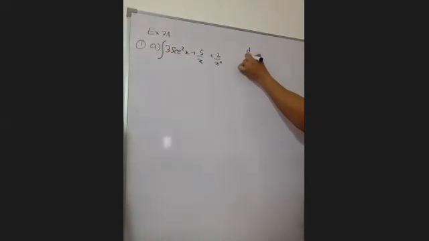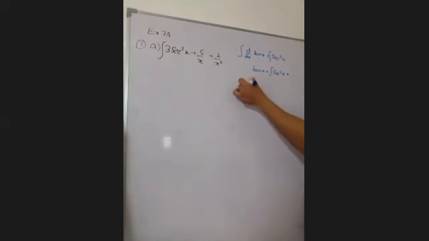If you differentiate tan x, what do you get? That is sec squared x. Then if you integrate both sides, what do you get? tan x. That is, the integration of sec squared x is tan x. These are the formulas which we should know. And if you differentiate cot x, the answer is minus cosec squared x.